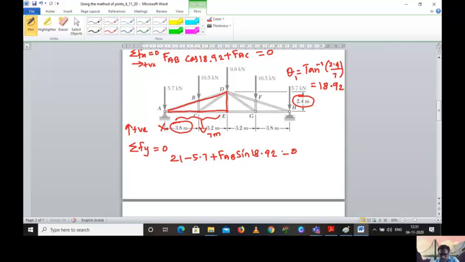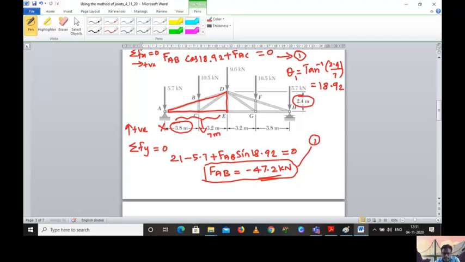Based on this equation, you can easily calculate FAB. If you substitute, you will get FAB is equal to minus 47.2 kilonewton. Please substitute this value. Once you got this, you can substitute this value in this particular equation, which I am denoting here as 1.